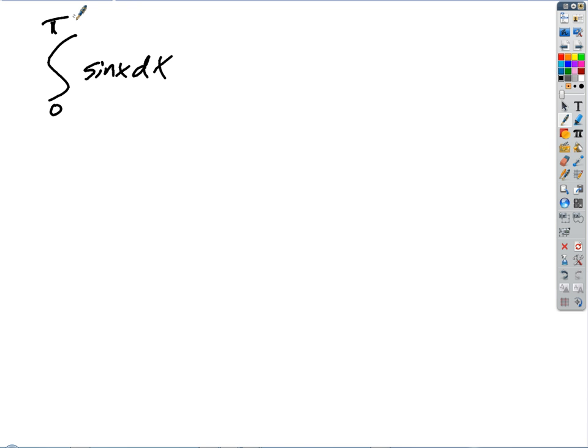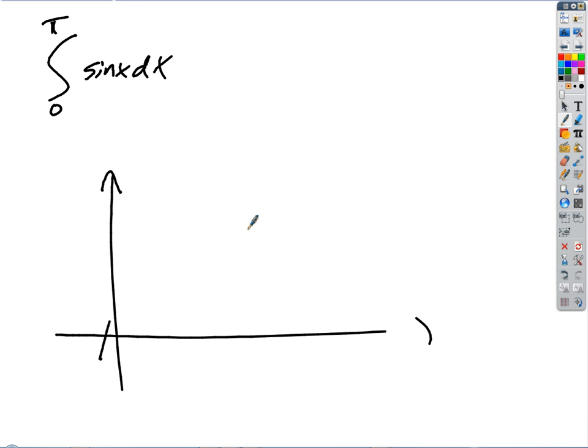Now rectangles were not bad, right? They were certainly better than some other choices we could have made. But maybe rectangles aren't the very best because they're always flat on top. The better choice, that's still really simple, might be a trapezoid, right? If we were looking at an area under a curve, something like that, I'm not going to get into too much detail. You've seen me draw these pictures ad nauseum.